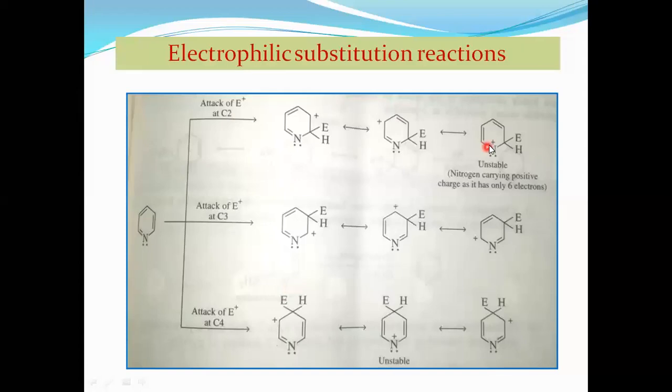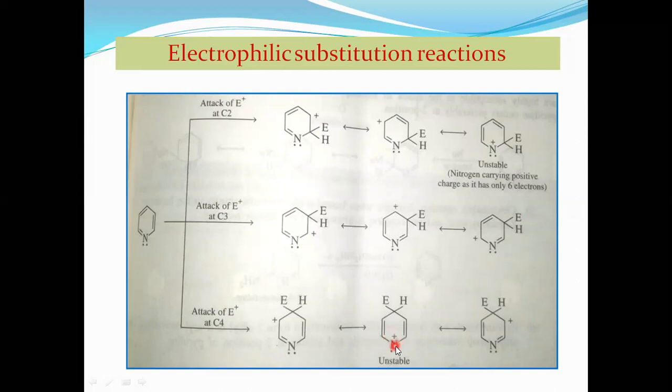Here there is a positive charge at the nitrogen atom. Here also there is a positive charge at the nitrogen atom. So the intermediates formed as a result of the attack at C2 and C4 are unstable. That means they are high energy, because there is a positive charge at the nitrogen atom.